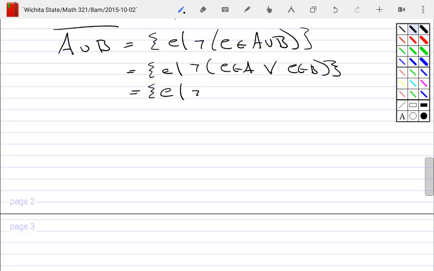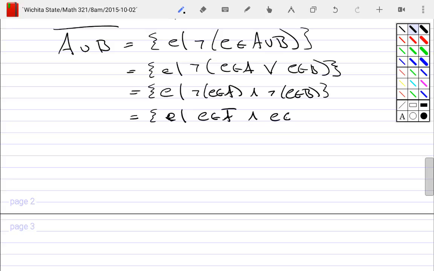So it's not the case that e is in A, and it is not the case that e is in B. What does it mean to be not in something? That means you're in the complement. That means e is in A's complement and e is in B's complement. But that is just simply what?